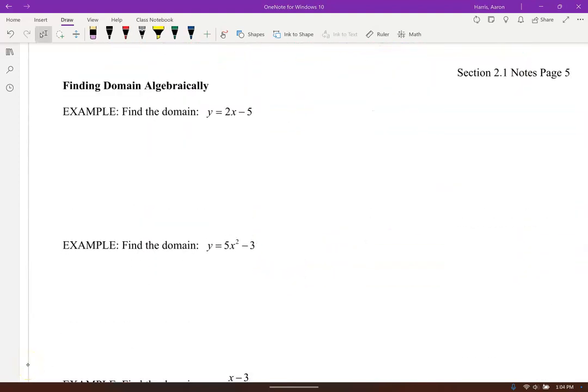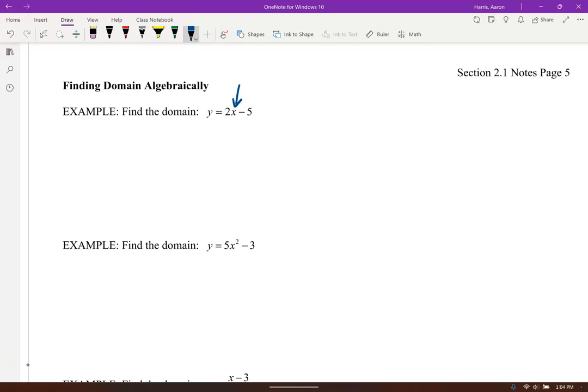When you're finding the domain algebraically, what you're looking for is what x values. The domain is the set of all x values. Is there anything I can plug in that will make the function undefined? In other words, is there anything where I divide by 0 or take the square root of a negative number? Anything like that?